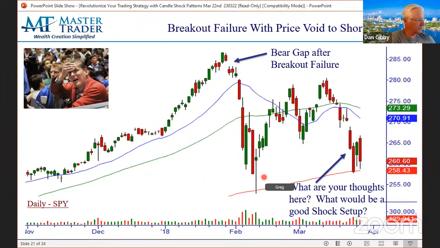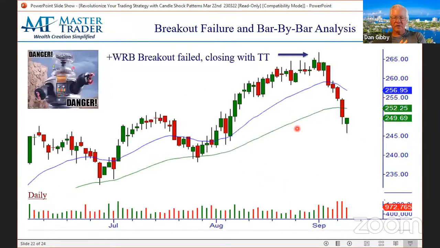All right, almost done here. This is just how we use bar by bar analysis. We actually were in this trade. I mean, we take stops, of course. Every trade doesn't work. We bought over the high of this bar as a breakout. At the end of the day, we said, danger, danger, Will Robinson. I don't like the way this closed.